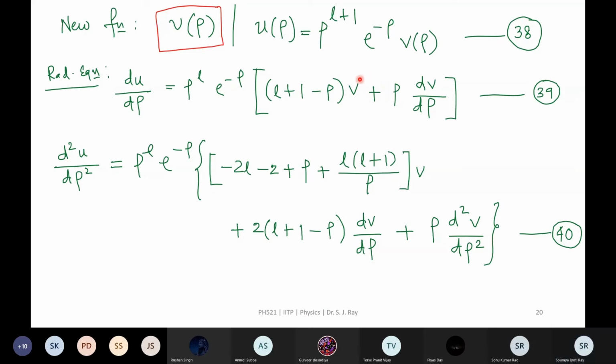Now with this, we will look at the radial equation. We have the expression earlier, and if we take the first derivative of this, we will get rho to the power L times e to the power minus rho, and within the bracket we will have L plus 1 minus rho times v plus rho times dv by d rho. And we can take the second derivative and we will get this expression, which is in equation number 40.